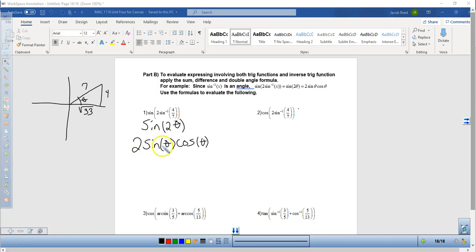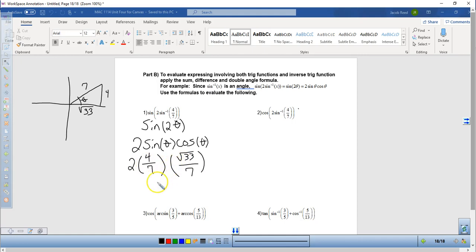So now all I have to do is perform the sine and the cosine from theta, fill in the formula, multiply, and simplify. Well, we already know that the sine is 4/7. And now that we know all 3 parts of this triangle, we do know that the cosine is root 33 over 7.